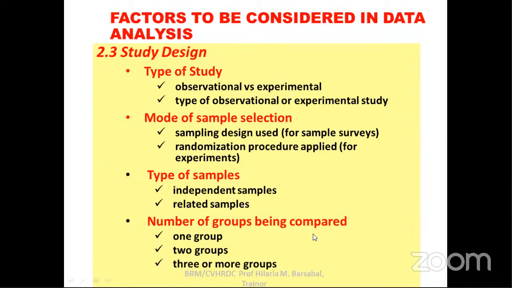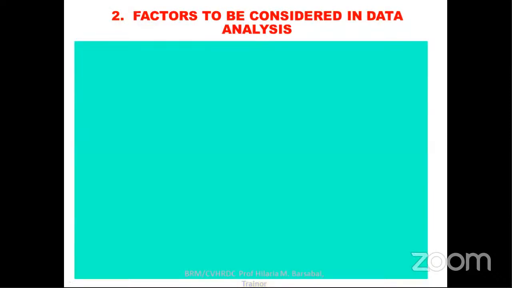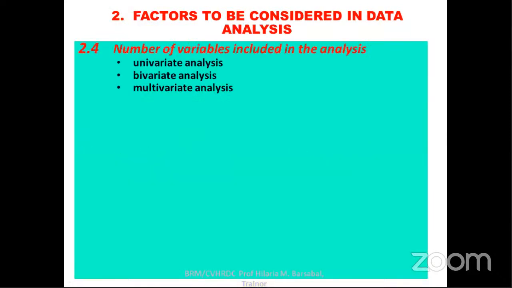So we have univariate, or bivariate, or more than 2 groups. So we have 1 group, 2 groups, or 3 groups, no? All right. Another is, of course, the task, because I told you there are 6, and I am discussing the 6. So, the number of variables included in the study. Instead of just the groups, you also consider the variable.